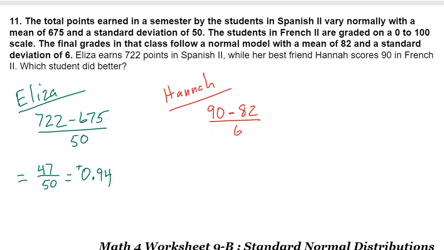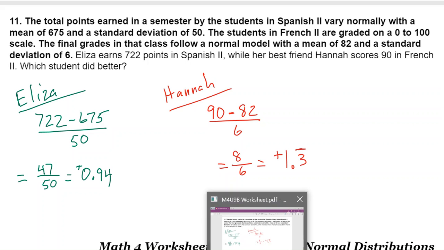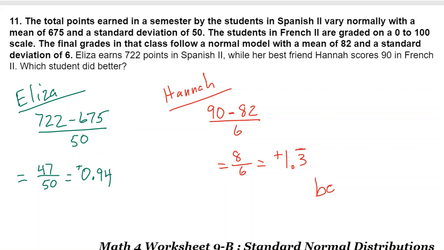Now, 90 minus 82 is 8. That's 4 over 3. That's 1 1/3. So clearly, Hannah had the better score compared to the rest of her class. And that is it for that section.